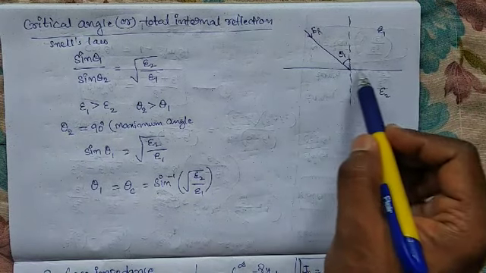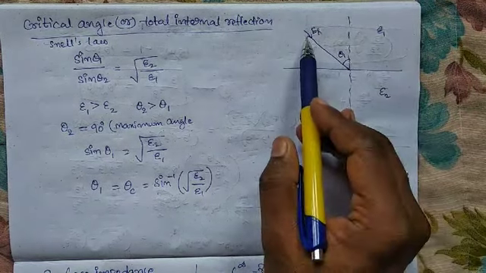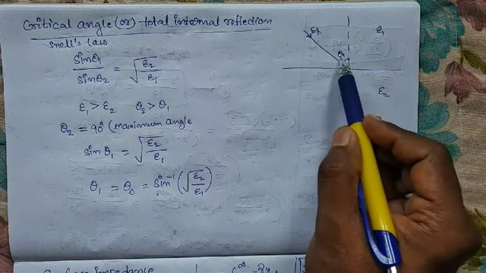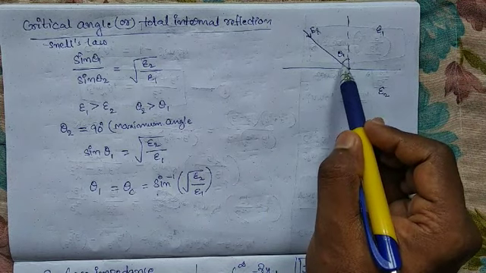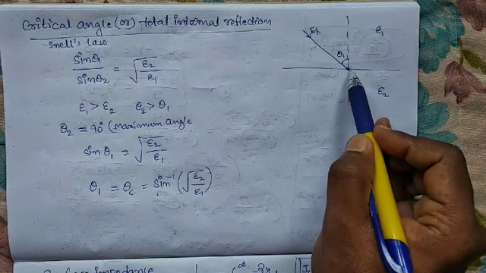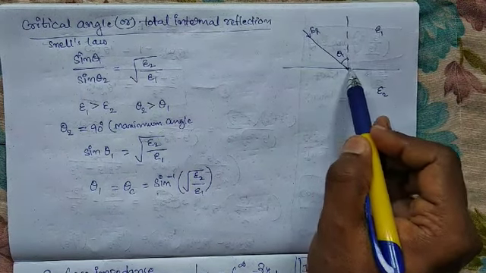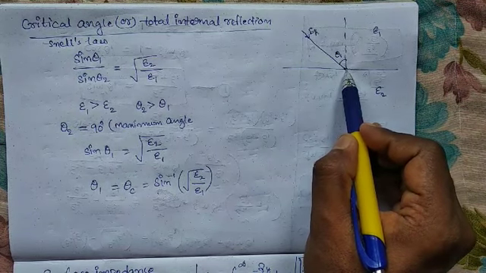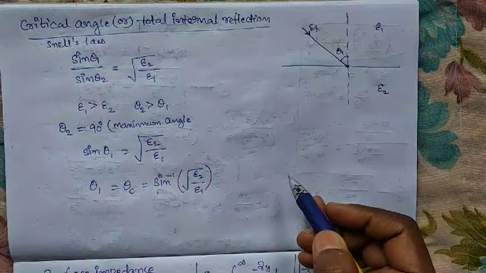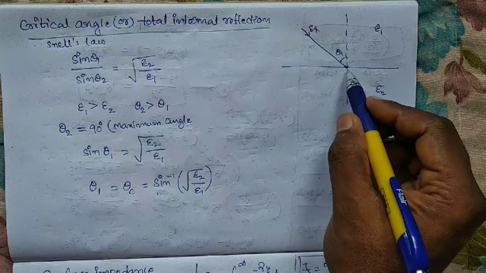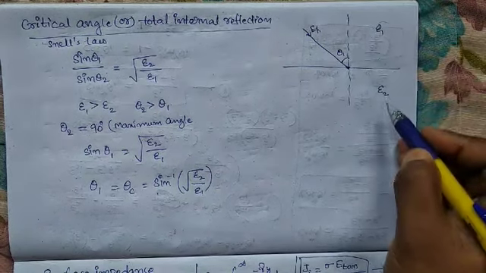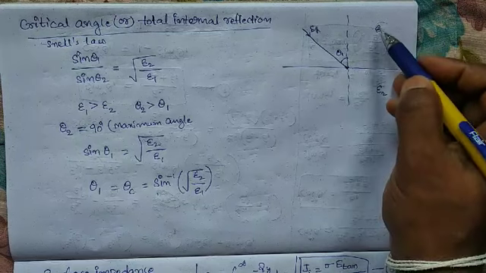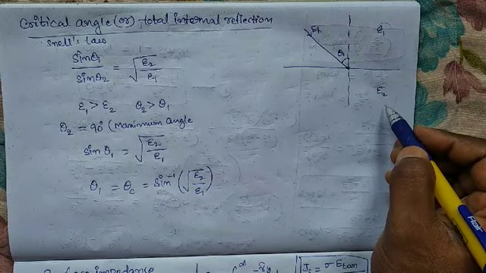If the wave is incident at the boundary surface with an angle of theta 1, it will not produce any refracted wave when epsilon 1 is greater than epsilon 2.